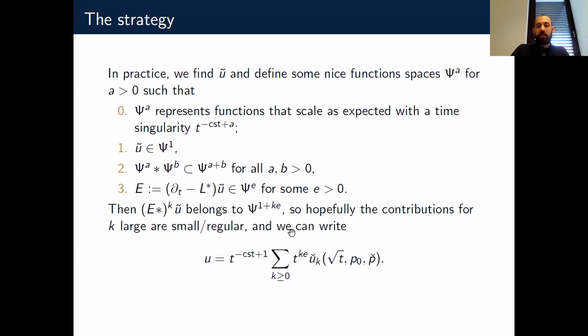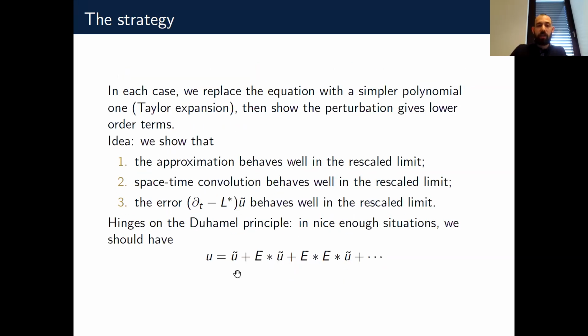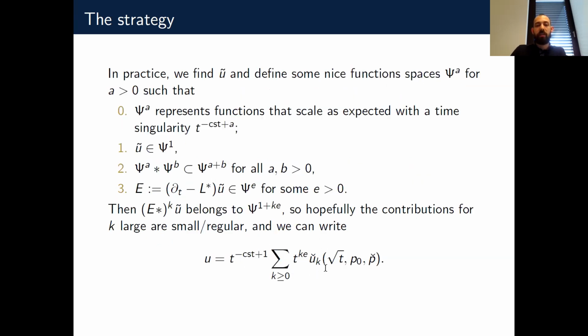And if I do that, then if you remember the Duhamel expression, I have u tilde, and then I take the convolution with E, and then I take the convolution with E again. And since I take the convolution with something, I will add this B every time. So this convolution is going to be in psi 1 plus k plus k e, right?